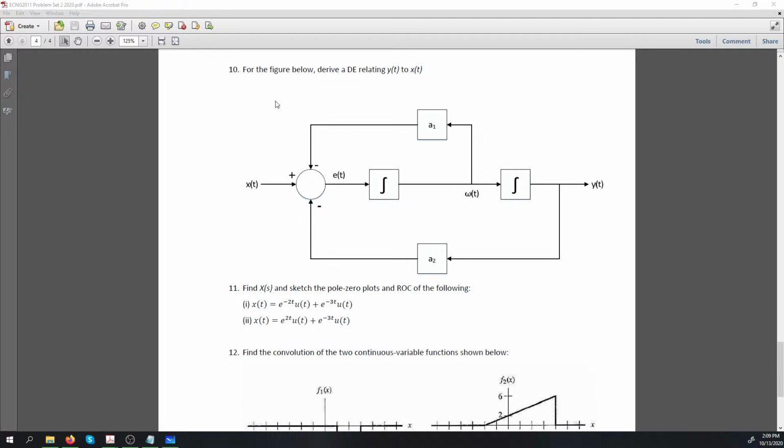Alright, so the next question we're going to be doing is question 10, which is to derive a differential equation relating y of t here and x of t for this block diagram.